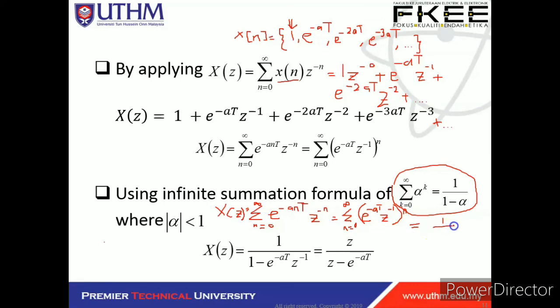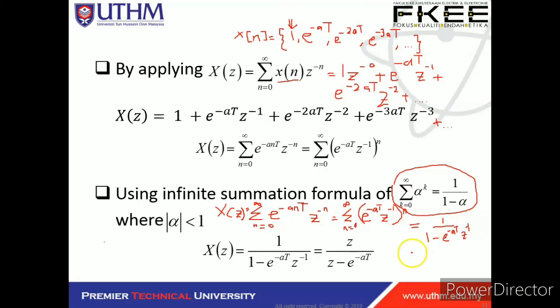So in this case our alpha will be equals to exponent negative a capital T multiply with z negative 1. So we have 1 over 1 minus exponent negative a capital T z negative 1.